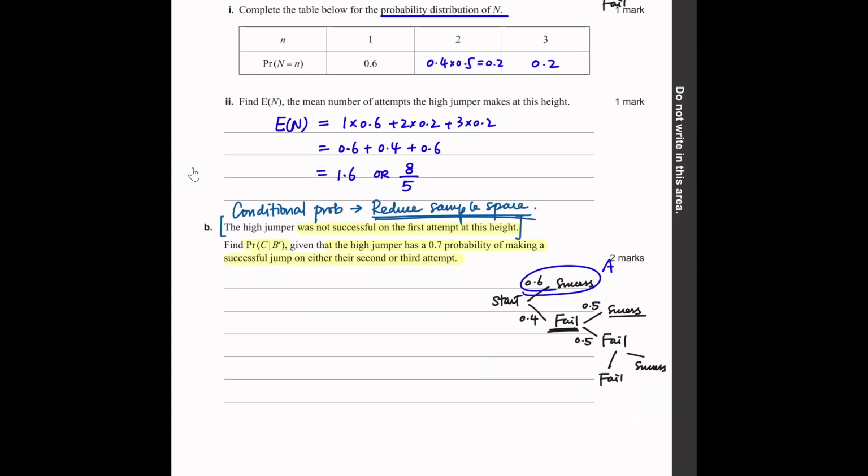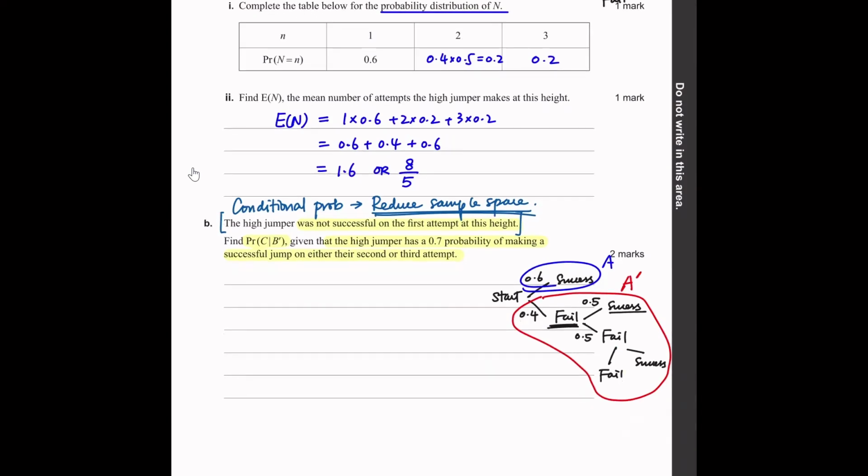Well, the branch I circled in blue is event A. Then everything else will be A dash, okay? This includes 0.4 times 0.5, 0.4 times 0.5 times this one. Actually, this is probability C given B. We call it X here. Then this must be 1 minus X, okay?